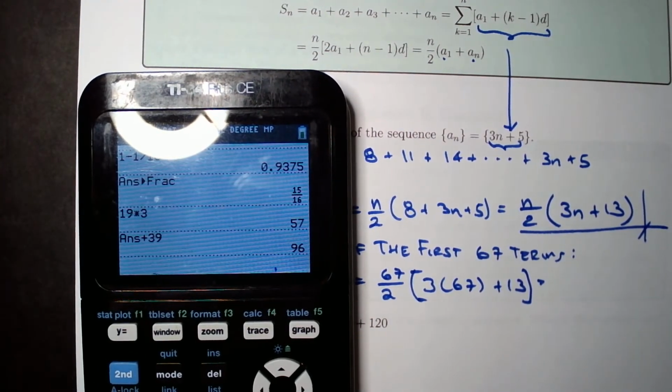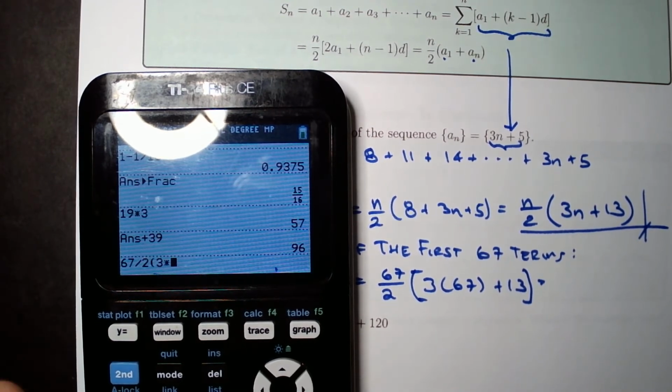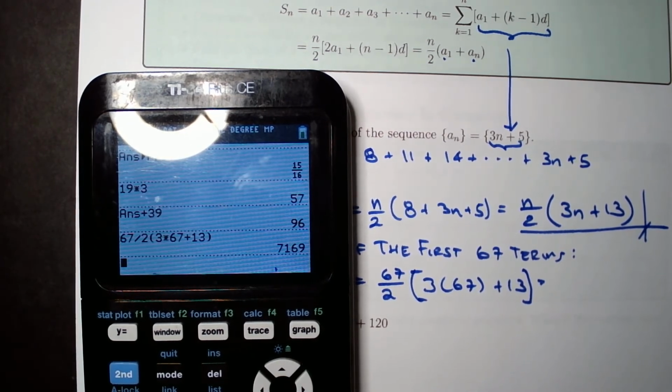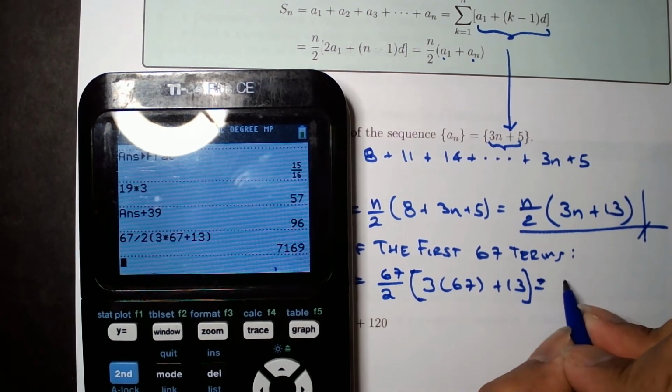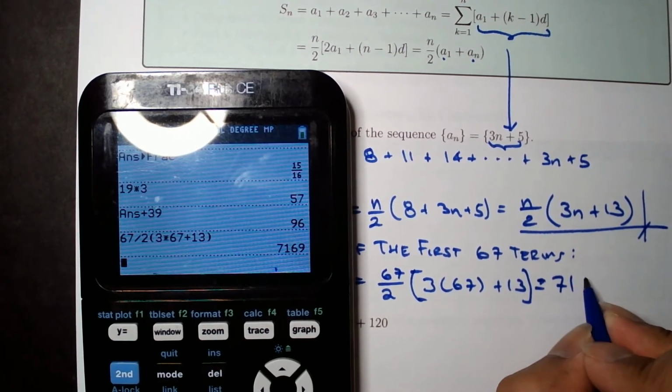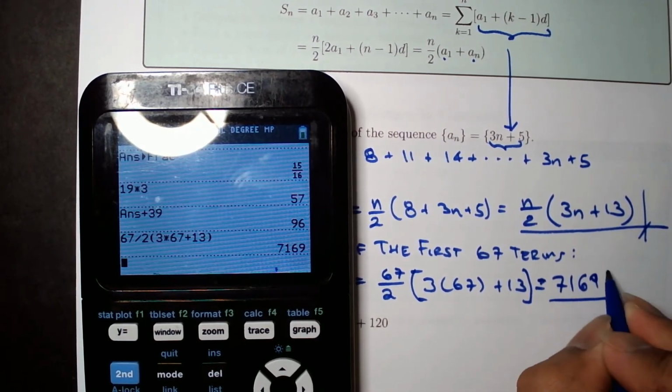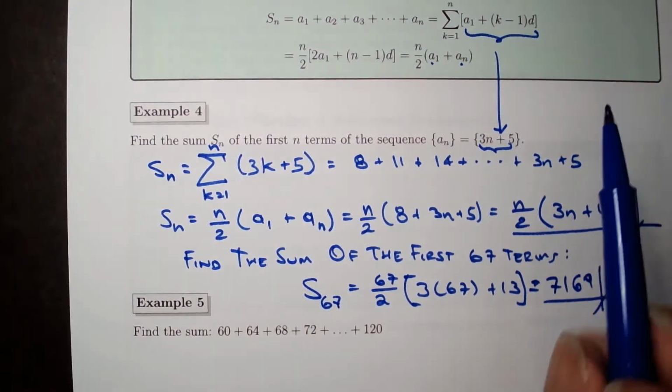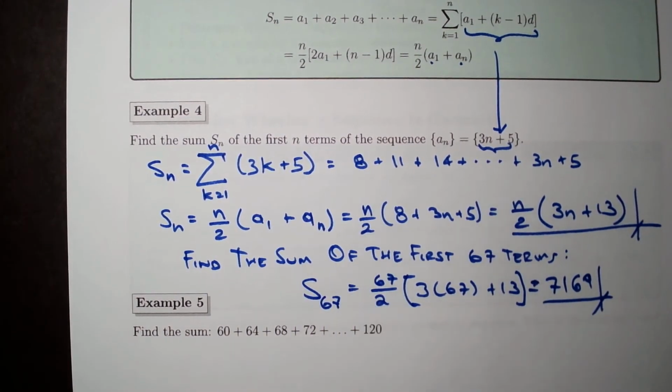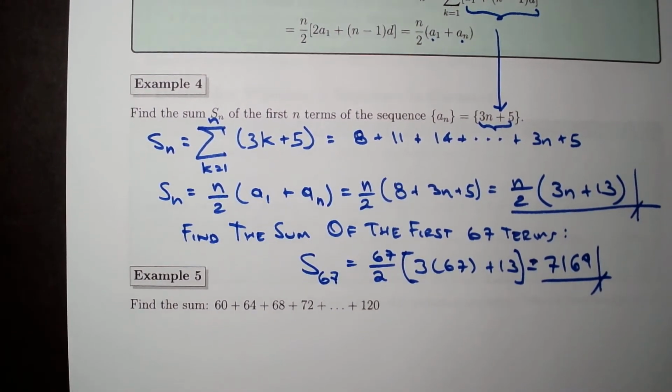So that's 67 over 2 times 3 times 67 plus 13, close parentheses, and see what we get. We get 7169. So that's the sum of all the 67 terms for this sequence in particular.